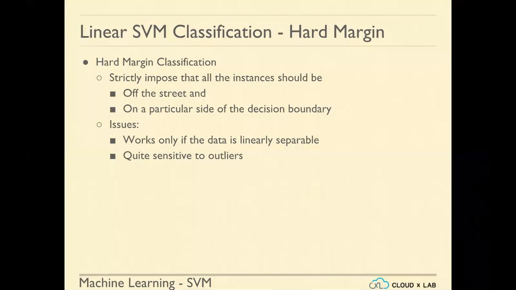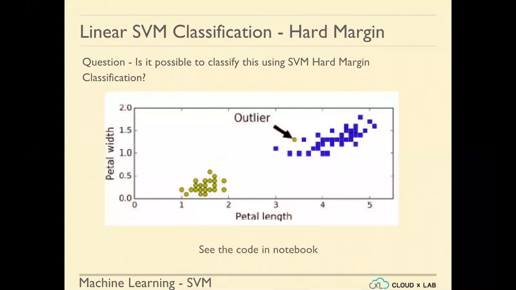So hard margin may not work in all circumstances. It may not be able to draw the decision boundary, and therefore hard margin may not work always. It strictly imposes that all the instances should be off the street.